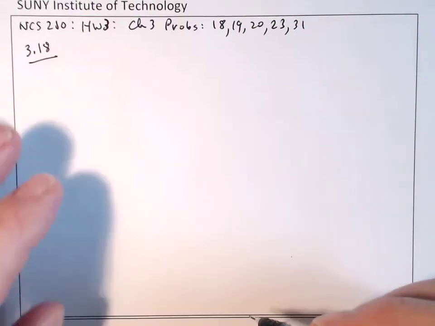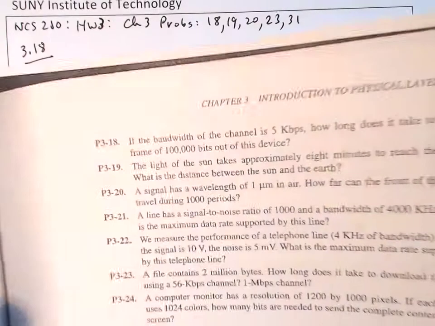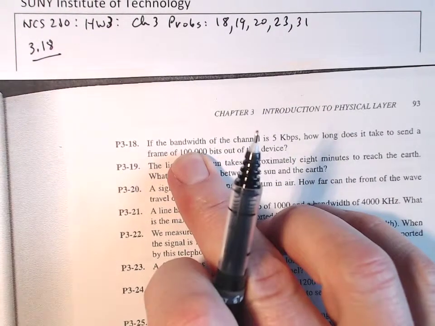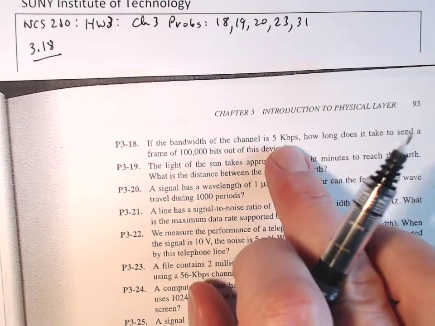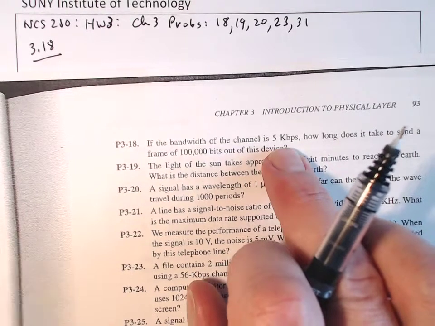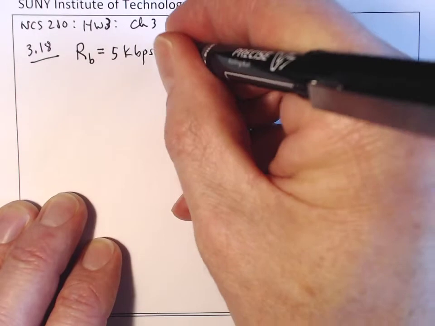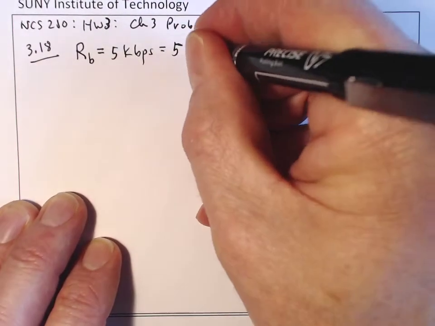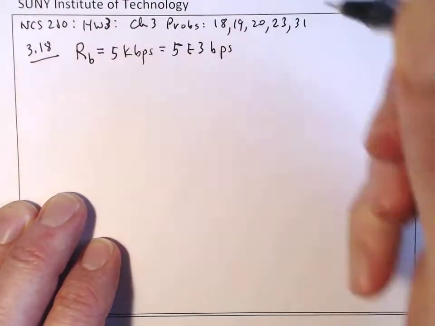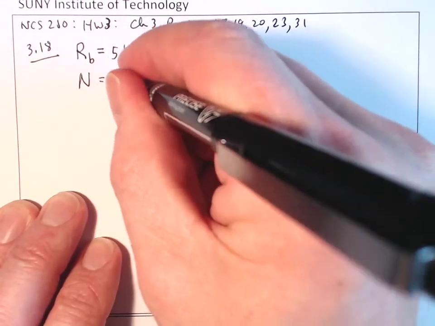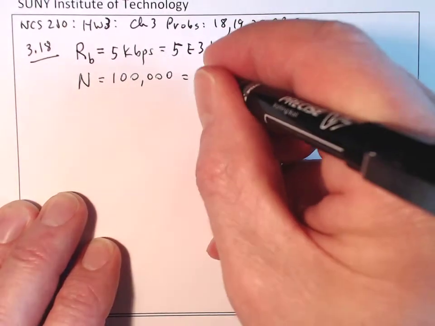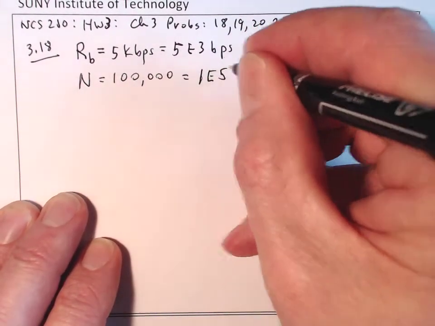We use the word bandwidth and data rate sometimes interchangeably, but this one says kilobits per second, so I'm going to write this down as a data rate, R with the subscript B for data rate, 5 kilobits per second, which is 5e3 bits per second. A kilo is an E3, and the number of bits is 100,000, or 1e5 bits.